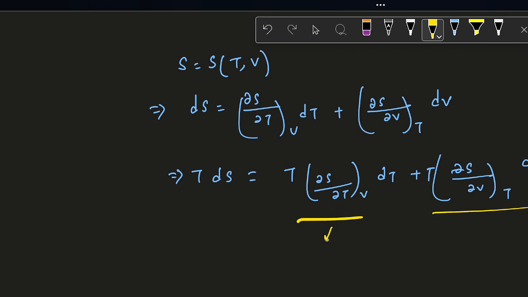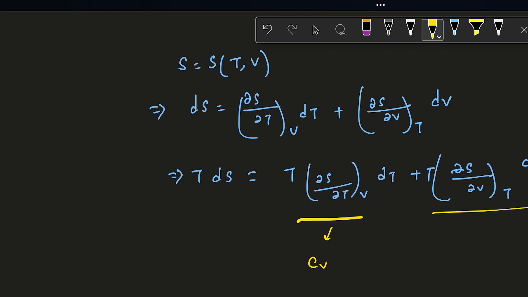In the first term, it is very evident that T times del S by del T at V constant will be Cv. Why Cv? Because you probably know that from the first law, dQ equal to dU plus dW. Now dQ equal to TdS equal to dU plus PdV. But if volume is constant, then dV will be 0.